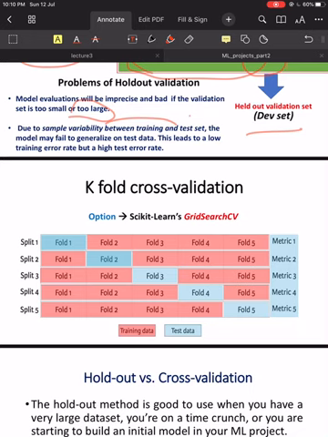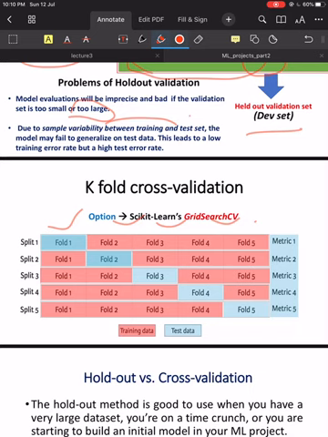Let me give you an example. Suppose 5-fold cross validation, as shown in this picture. The dataset is split into 5 groups, and the model is trained and tested 5 separate times, so each group gets a chance to be the test set.